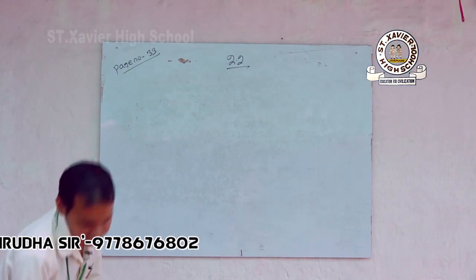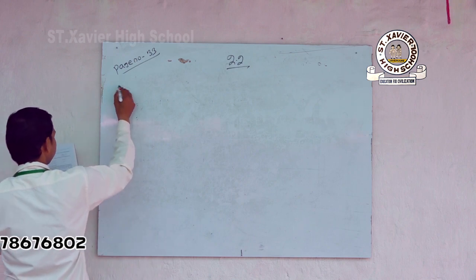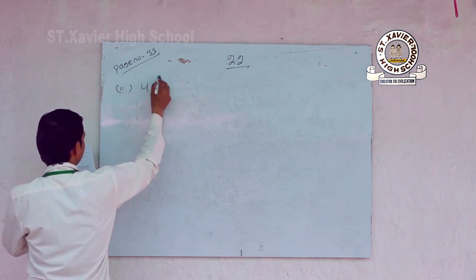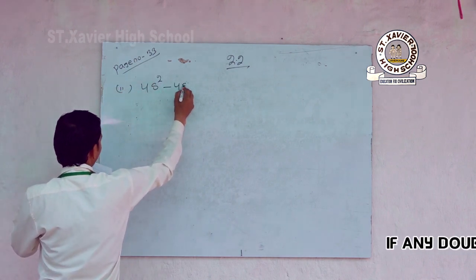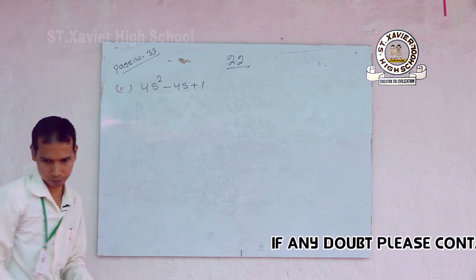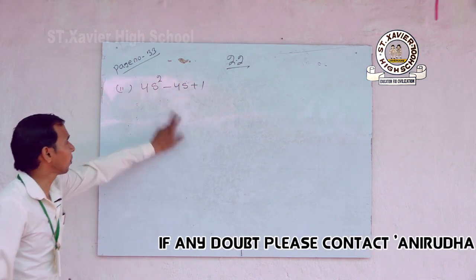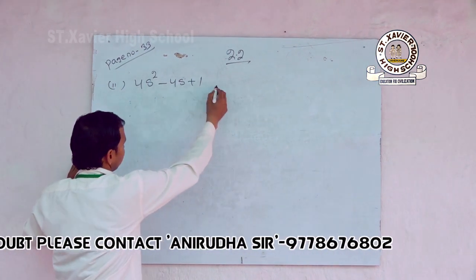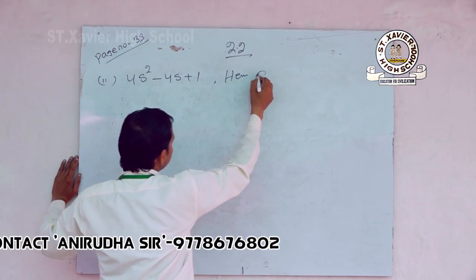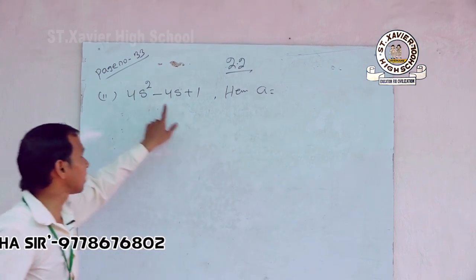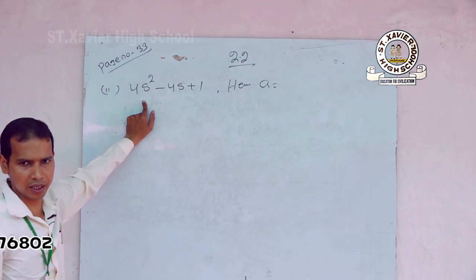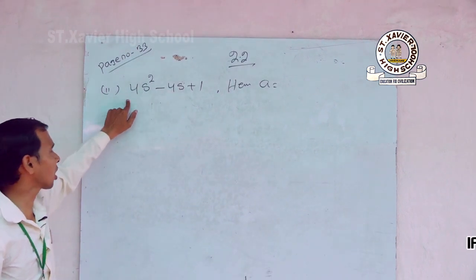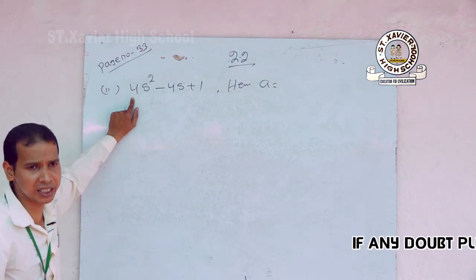Now the next question, the second part: 4s square minus 4s plus 1. If you remember the standard form, a is the coefficient of x square. So here the coefficient of s square is 4.